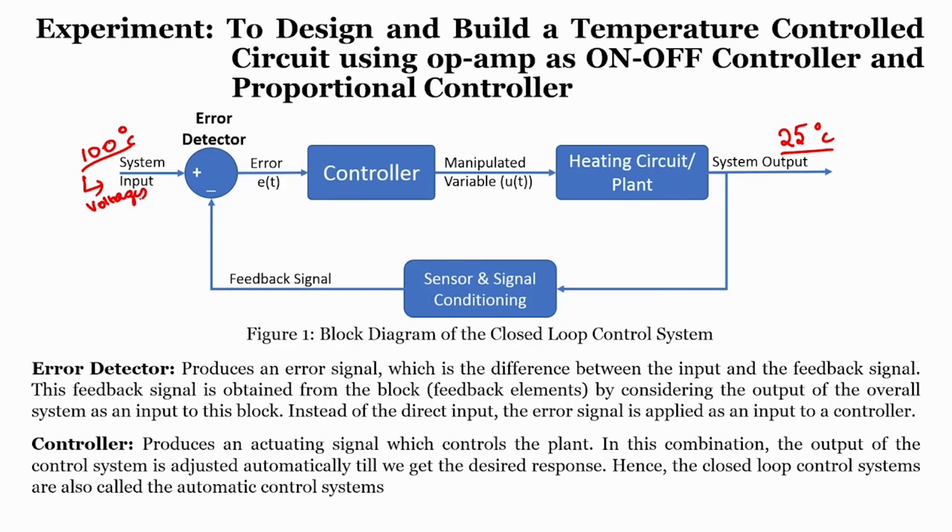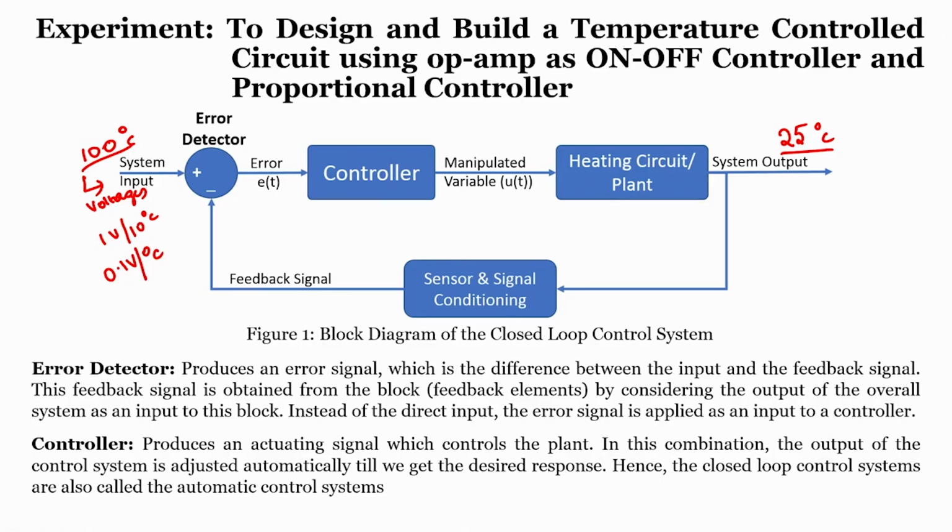In order to put one particular scaling factor, what I will consider is 1 volt per 10 degrees centigrade, or 0.1 volt per degree centigrade, as the scaling factor or sensitivity factor.